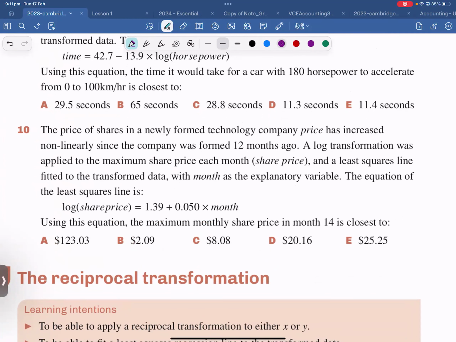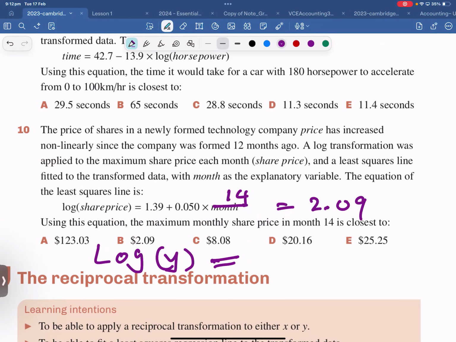What is this? Now, this one, what do you have to do? Normal log value or anti-log? So the log value we are getting is the share price, which is y. When you apply, the month is the 14th, yes. So that means you have to times it by 14. When you simplify this one, you are getting 2.09.